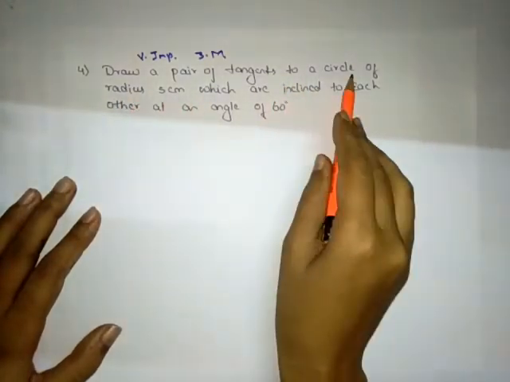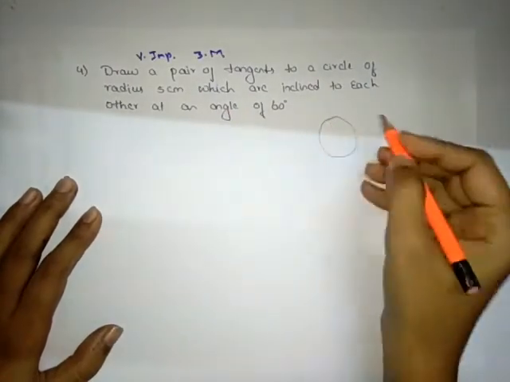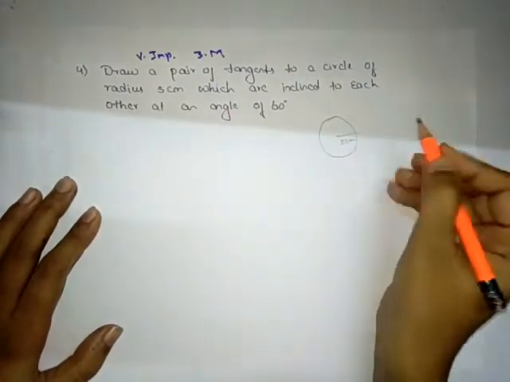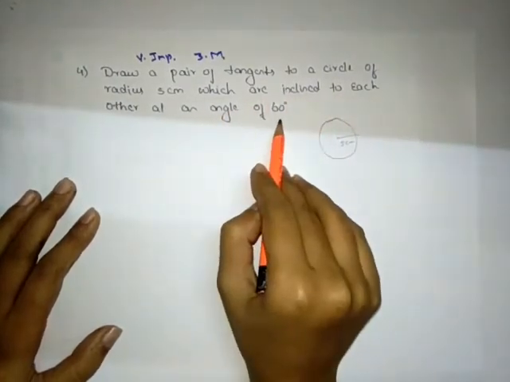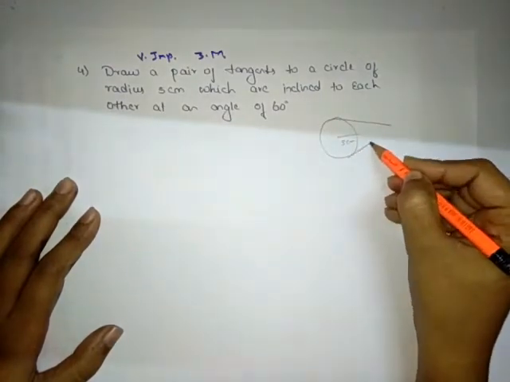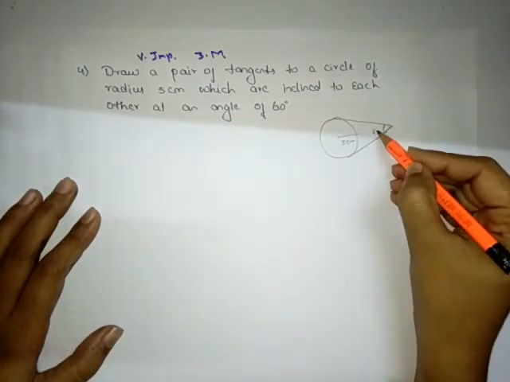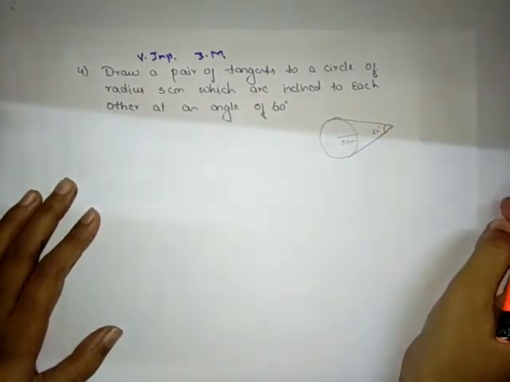We need to draw a circle of radius 5 cm, and the tangents are inclined to each other at an angle of 60 degrees. The angle between those two tangents is 60 degrees. We need to draw this type of tangent here.